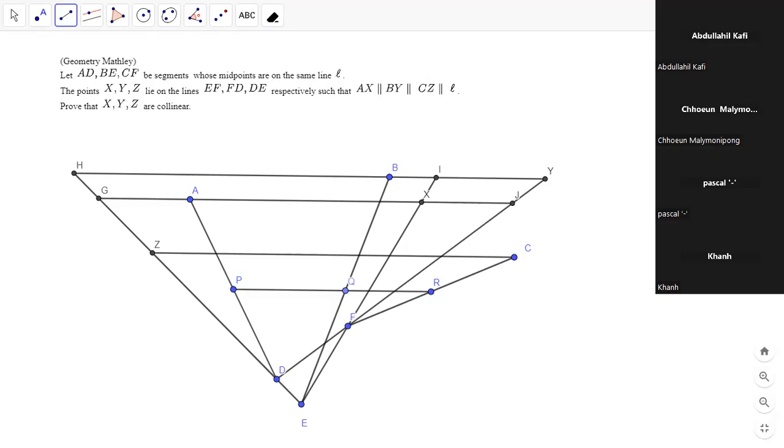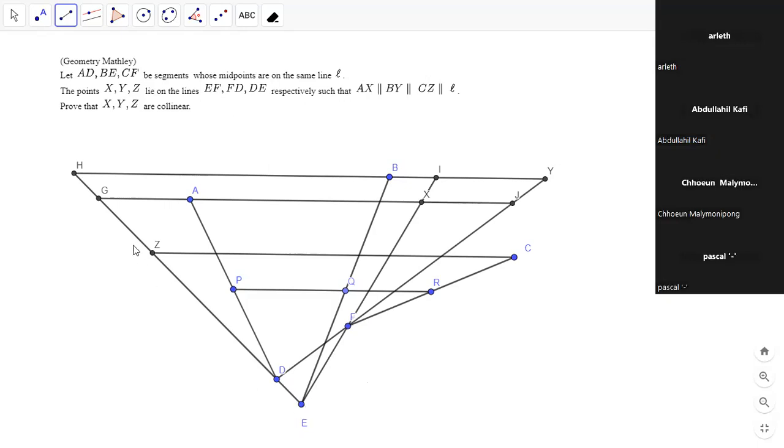Let me see if I can look it up. So is it like, there's got to be some formula.